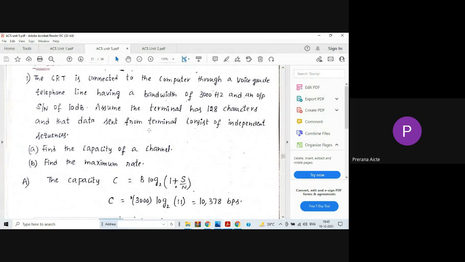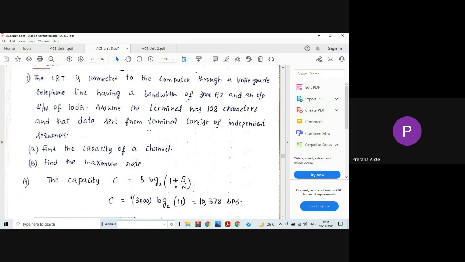Here, a cathode ray tube terminal is connected to the computer through a voice grade telephone line having a bandwidth of 3000 Hz and an output signal to noise ratio of 10 dB. Assume the terminal has 128 characters, and the data sent from the terminal consists of independent sequences.